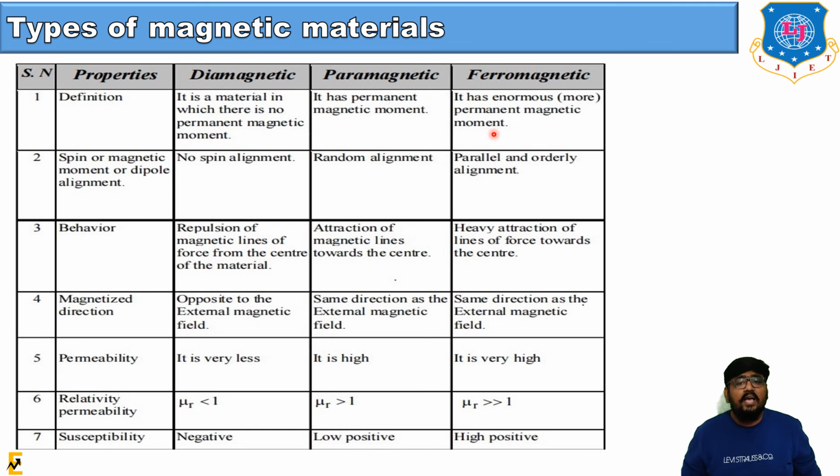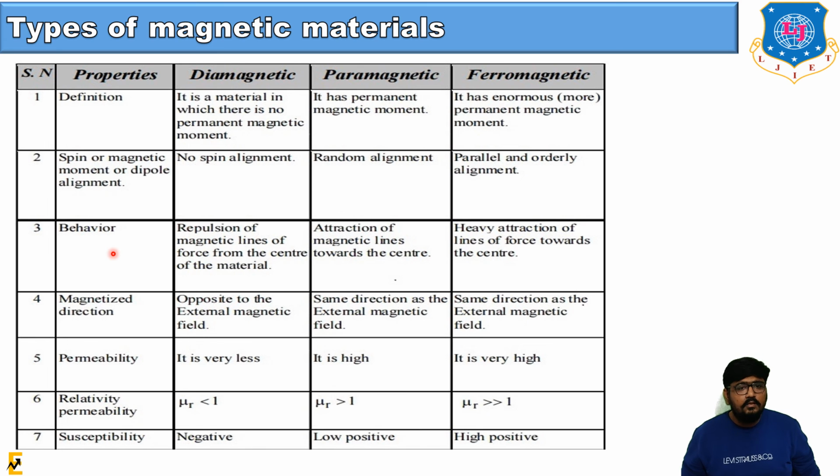Ferromagnetic material has an enormous permanent magnetic moment in a systematic pattern. Now the spin of the magnetic moment or dipole alignment: since there is an absence of magnetic moment, there is no spin. Paramagnetic material has random spin, and in ferromagnetic material they are parallel and orderly aligned.